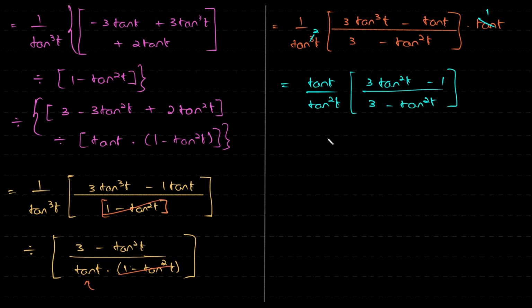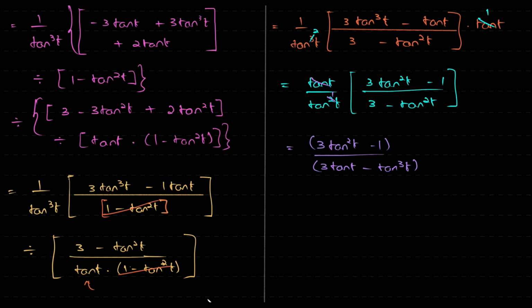So basically this and this get cancelled, and we have 3 tan square t minus 1 divided by 3 minus tan square t, because I'm going to multiply this. There's a tan t remaining, right? Minus tan cube t. So you might be lost by now, thinking what is happening. If you do it yourself, things will be clear. This is only for your verification. I'm sure you are kind of lost now, right? Your concentration would have drifted.